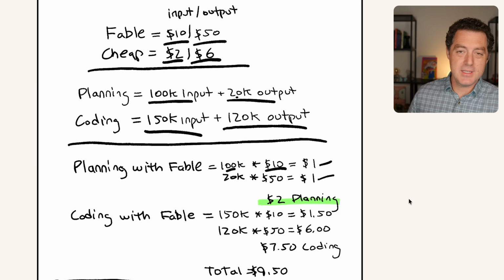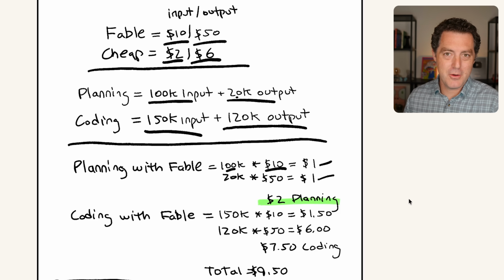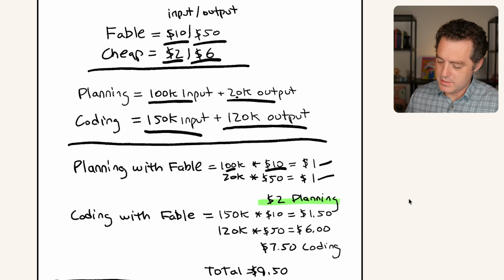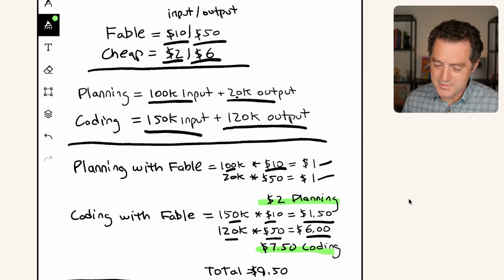Now, if we continued to code with Fable, so this is not offloading the coding to a cheap model, let's just do the comparison. We're not only planning, but we're also coding with Fable. 150,000 input tokens times 10 is $1.50. Then we have 120,000 output tokens times 50 is $6. Total coding cost of $7.50.